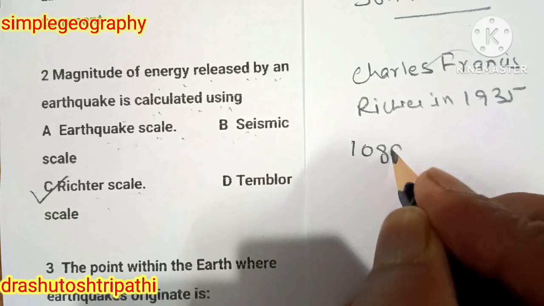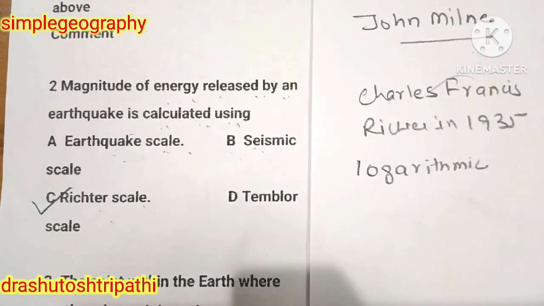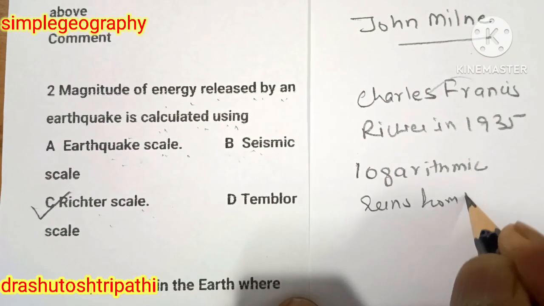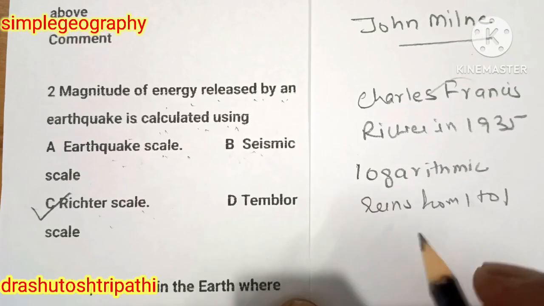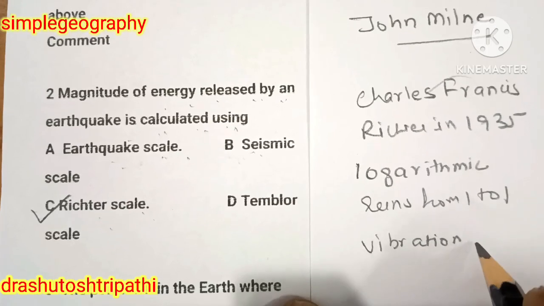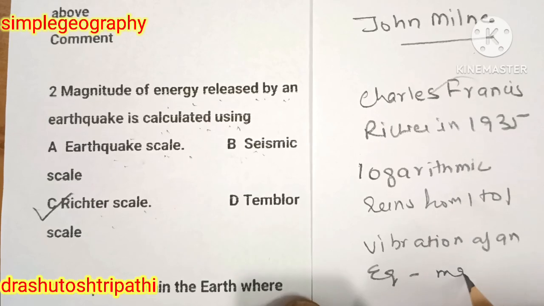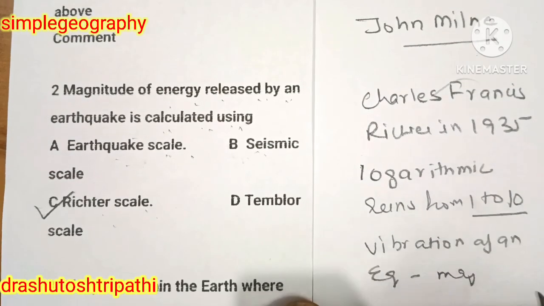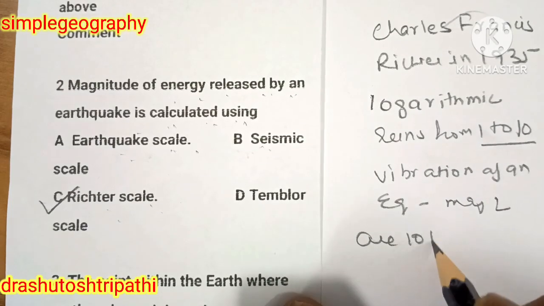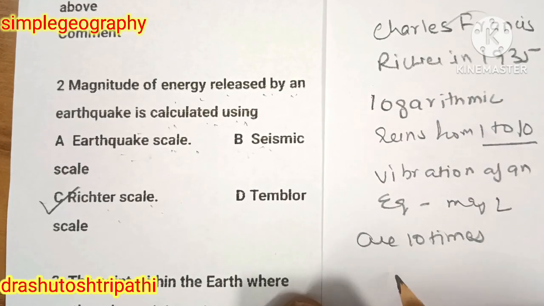It is a logarithmic scale, which runs from 1 to 10. On this scale, the vibrations of an earthquake with a magnitude of 2 are 10 times greater in amplitude than those of an earthquake of magnitude 1.